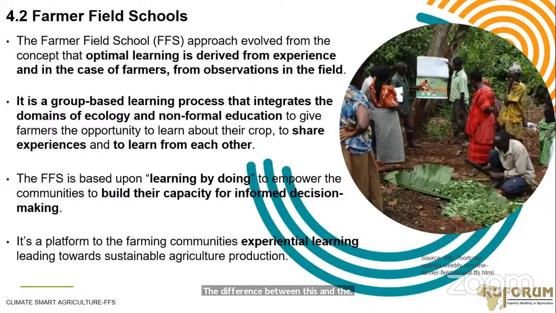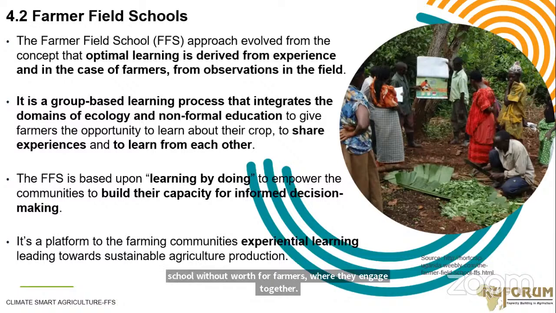The climate smart villages approach is more research oriented, basically about testing particular bundles of technologies through a research for development approach. Whereas the farmer field school is more of a school without walls for farmers where they engage together to co-learn and share experiences.